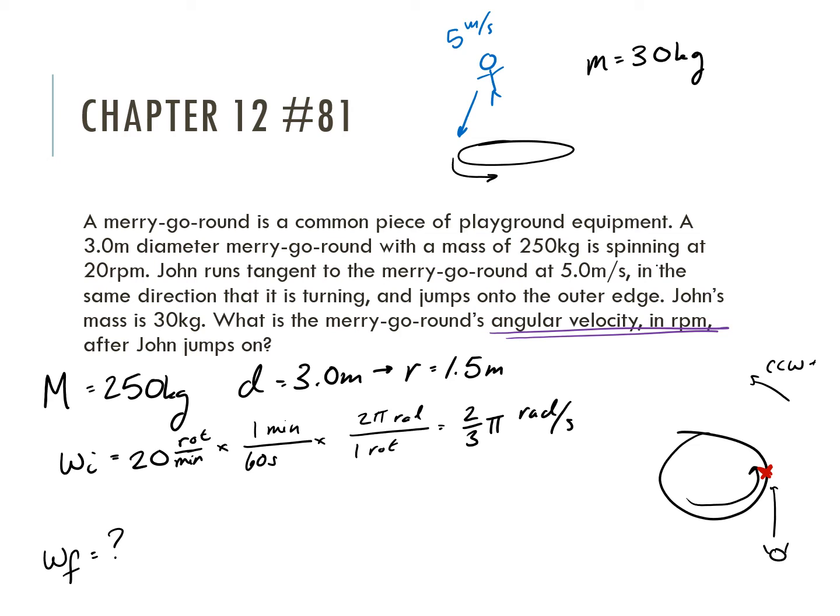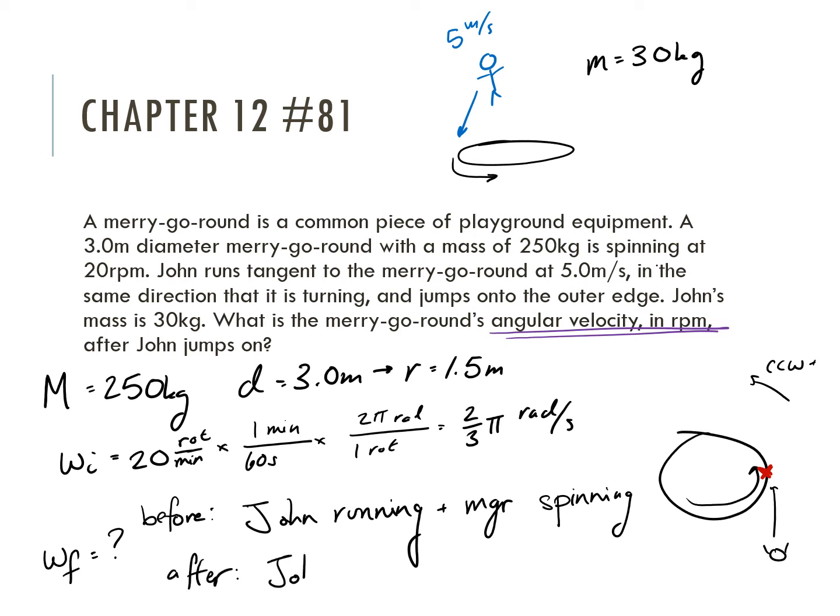If I think about the momentums, initially I have John running, and I have the merry-go-round, which I'm just going to write as MGR because that's a lot to write out, spinning. These are happening in the before case. In the after case, John is on the merry-go-round, and they are both spinning.